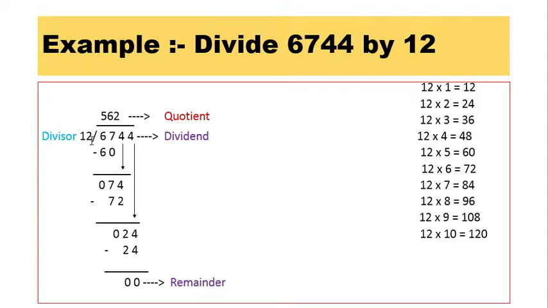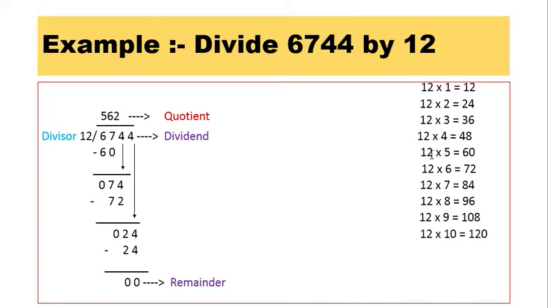Can we find 6 in 12's table? No, we cannot find 6 because 6 is less than 12. So take the other digit, making 67. Can we find 67 in 12's table? Look here. No. And which is the nearest number?